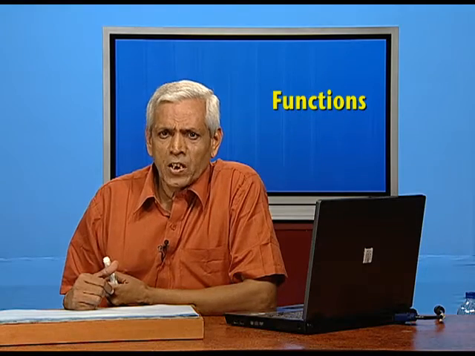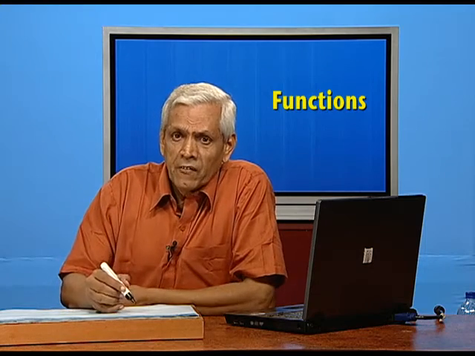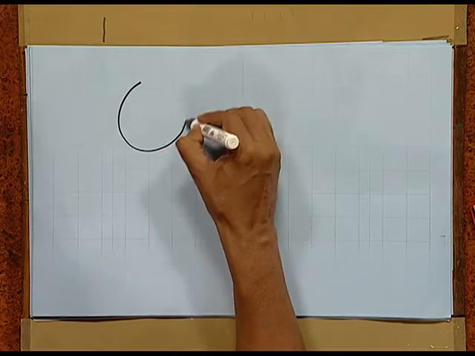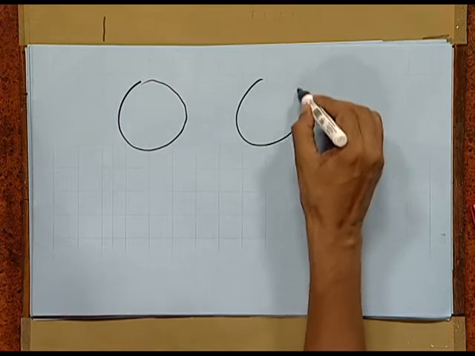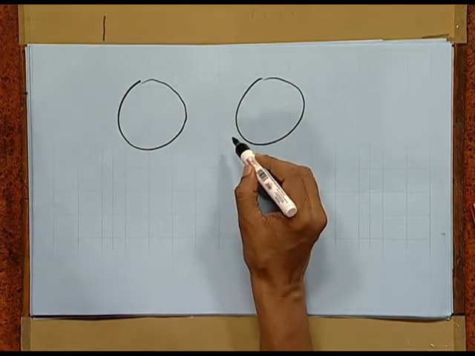Now, a function can also be represented in Venn diagrams. Usually, the left one is the domain, the right one is the codomain.